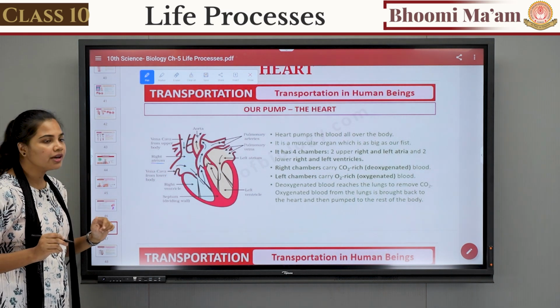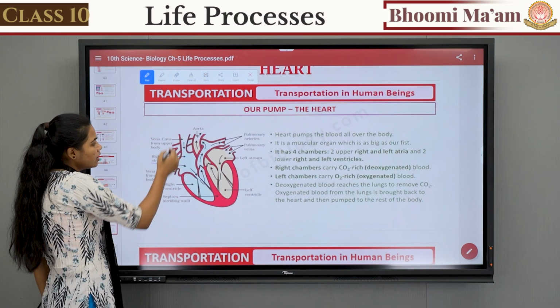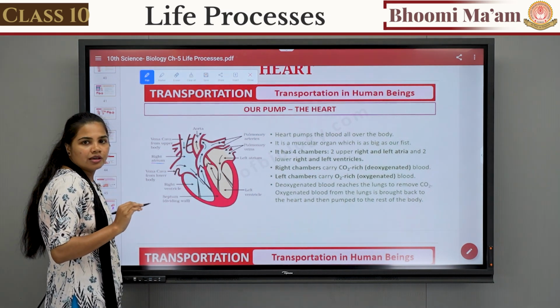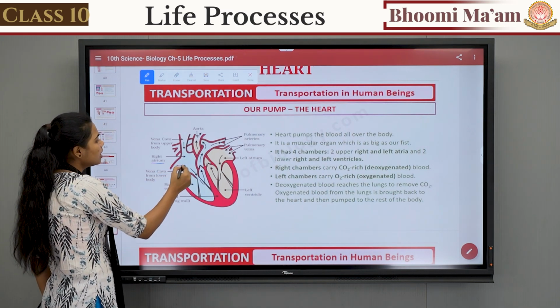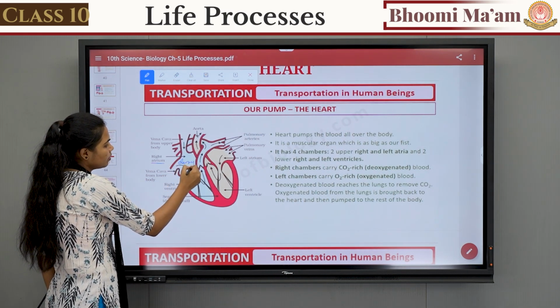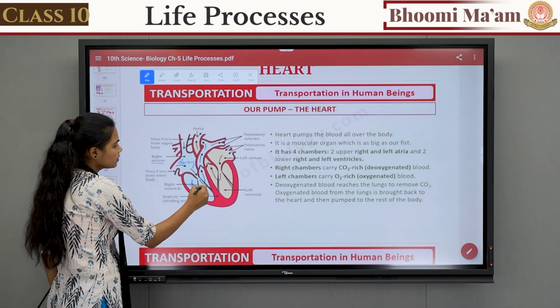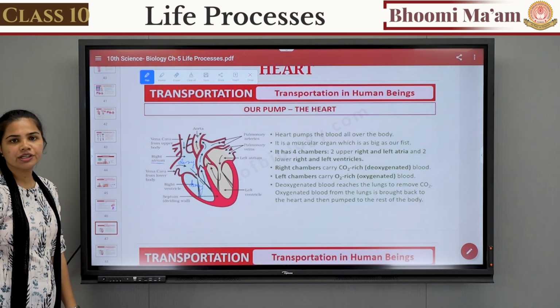left atrium, right? Before that you should know the right part of this heart contains what? Deoxygenated blood. Which blood? Deoxygenated blood. What is the meaning of deoxygenated blood?